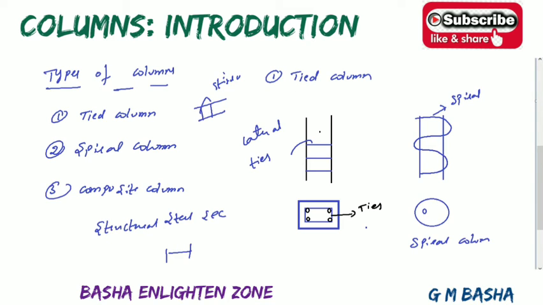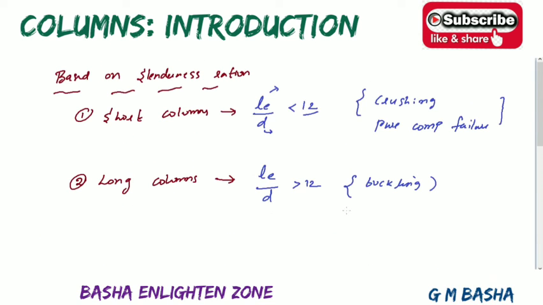Then, I told you about effective length. What is the meaning of effective length? Effective length is the distance between the points of zero bending moment of a buckled column. In beams we generally take the center to center distance, or the clear span plus effective depth, whichever is less.